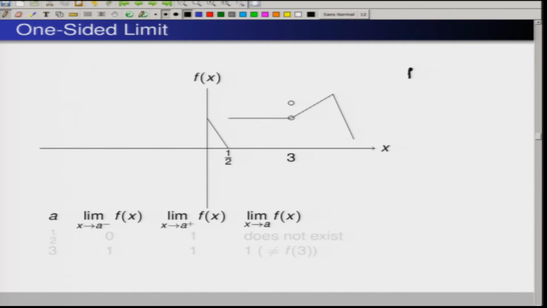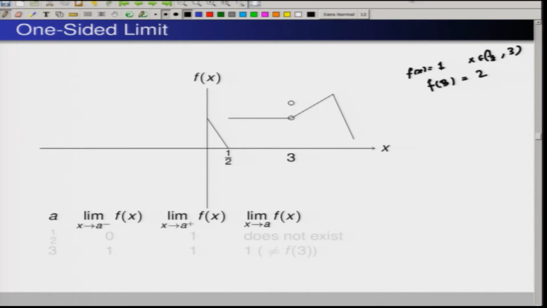Which means f of x is equal to 1 when x belongs to the half open interval, 3 open, and then f of 3 we are defining as, let us say, some value, let us say 2.